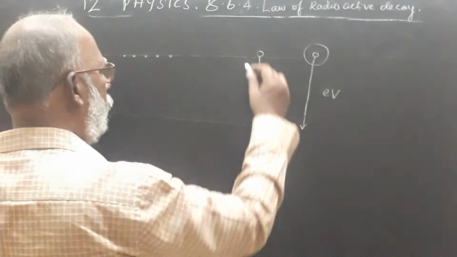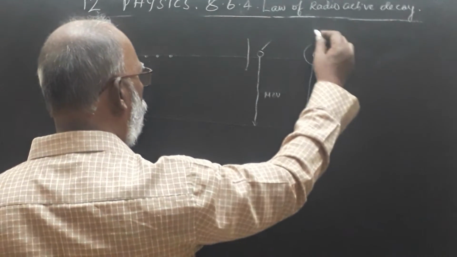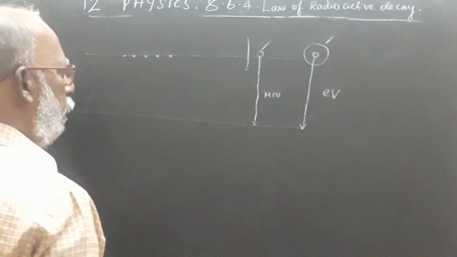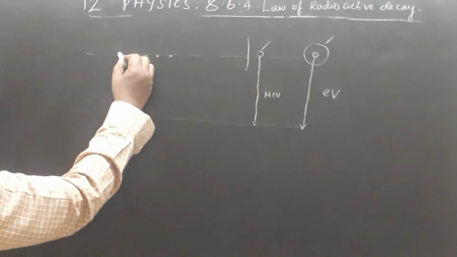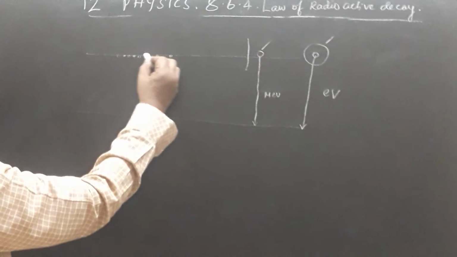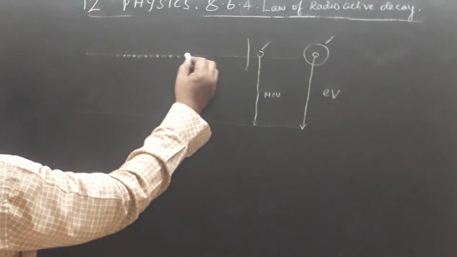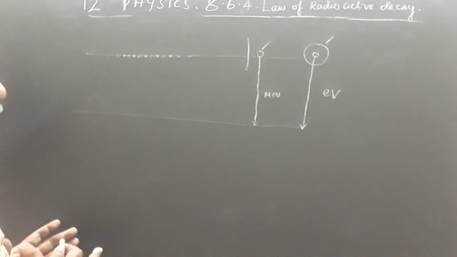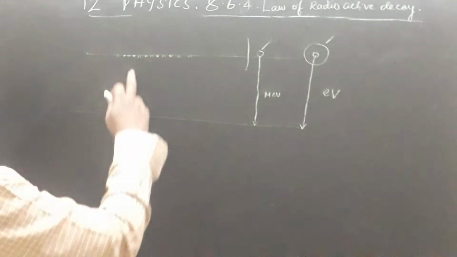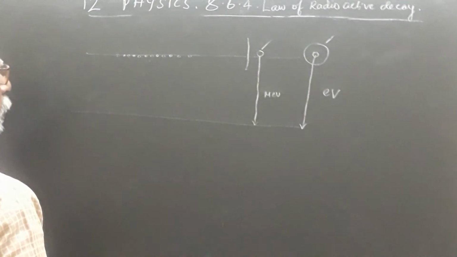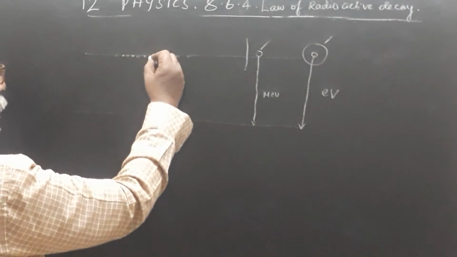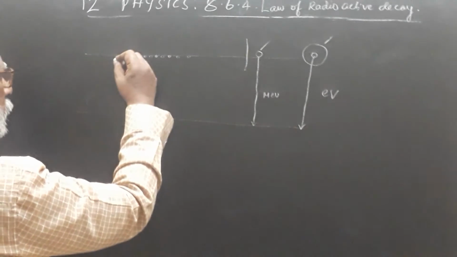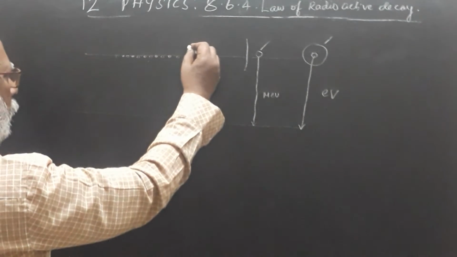Now, we are talking about only one nucleus and one atom. But here, samples of radioactive substances are considered, and enormous numbers of nuclei are available in the excited state. We don't know which one is going to decay first, either first or second, third or fourth or nth.